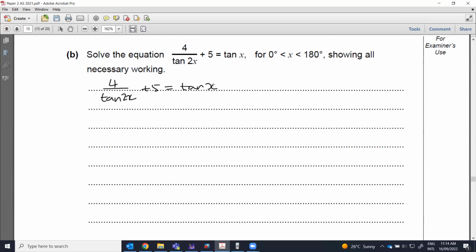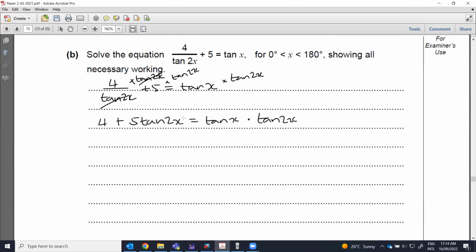What we do is we can get rid of the denominators by multiplying tan 2x throughout. So these two will cancel. So I have 4 plus 5 tan 2x is tan x times tan of 2x.